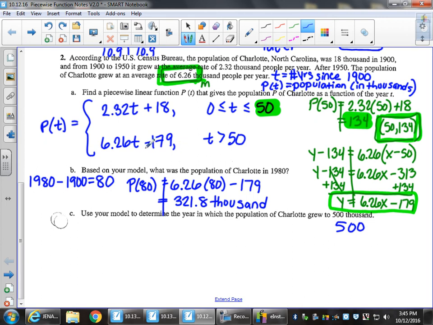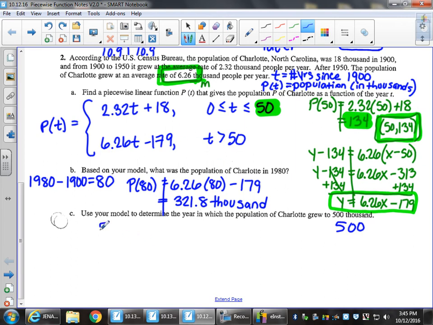But it says negative, so I really don't think I can use this the way that we did before. But we do have something we can use over here. In year 50, which in this case means 1950, the population was 134,000. Well, 500 is way bigger than 134. So that means right away I know I will be using my second piece.